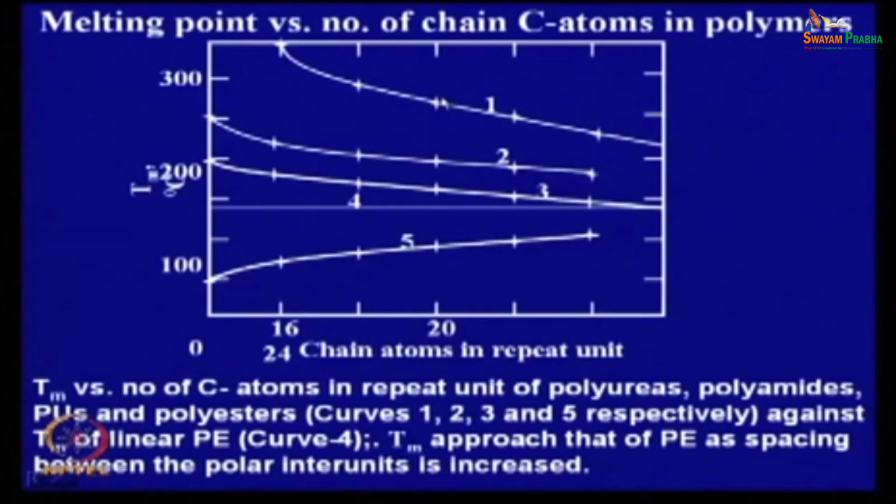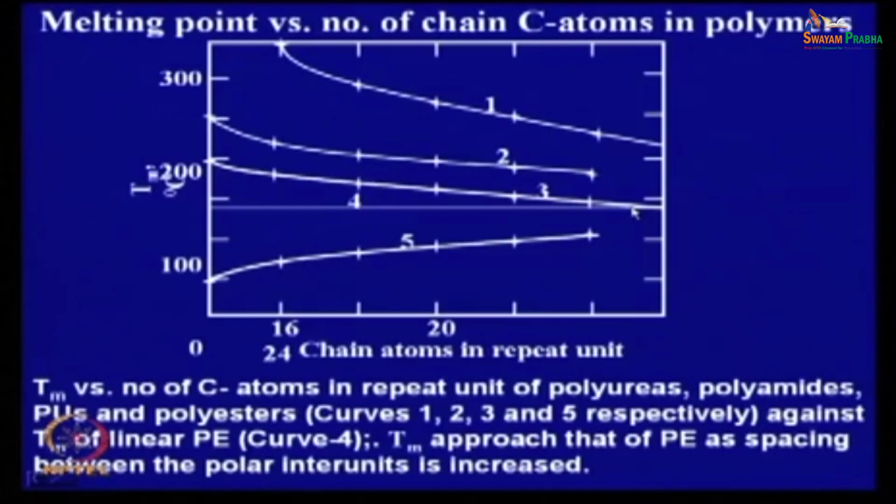So, this is polyurea, this is polyamide, this is polyurethane, this is polyester, say PET. Now, you see in this case, with the increase in the number of carbon atoms in the repeat unit, the melting transition decreases and approaches that of polyethylene. So is the case with polyurethane, so is the case with polyester. In polyester, it also approaches that of polyethylene.